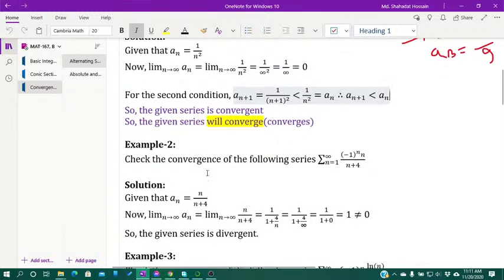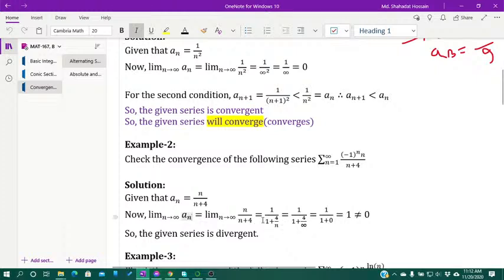Okay. From the second example, now see, check the convergence of the following series. Now see here a_n equals n by n plus 1, and now we will also check the same conditions of the alternating series. That means at first we should determine the limiting value of a_n.